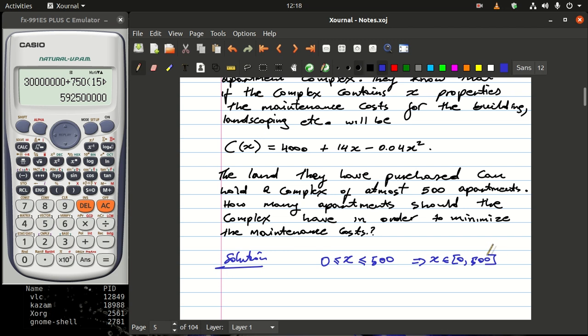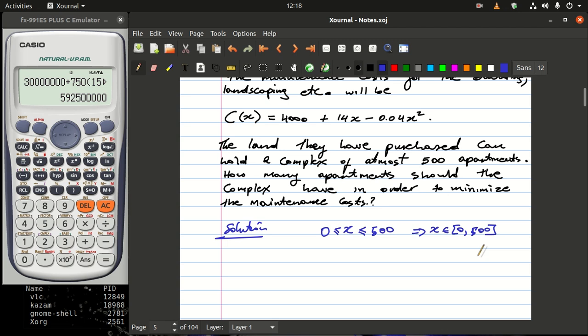Of course, there are different interpretations when someone says X is equal to 10.5 apartments, but we are not there yet. Here we are looking at how many apartments to build to minimize the maintenance costs.